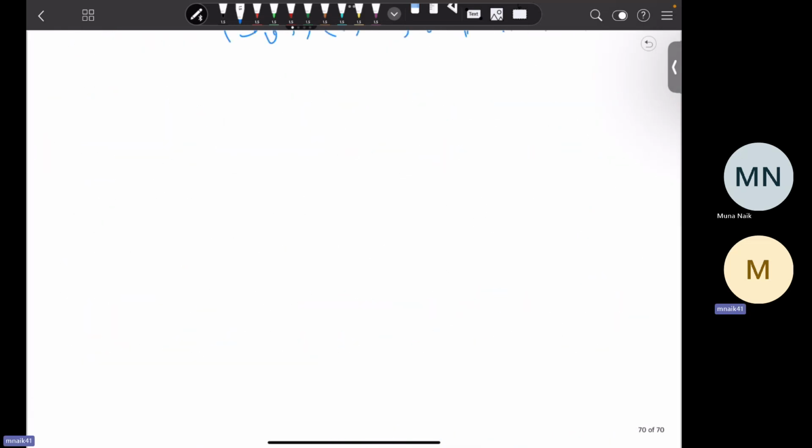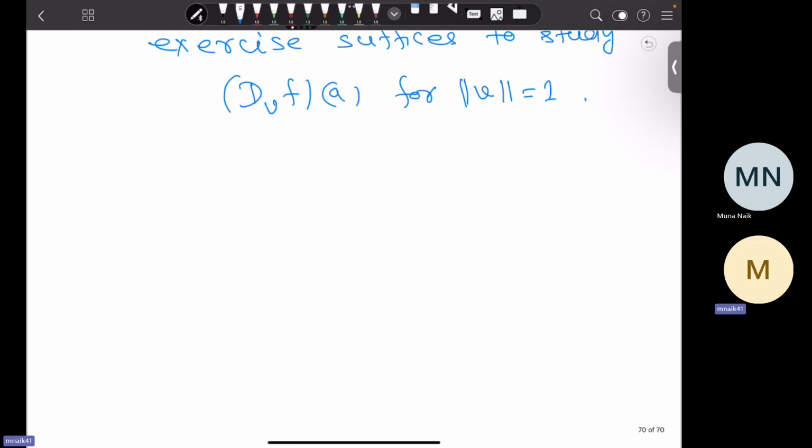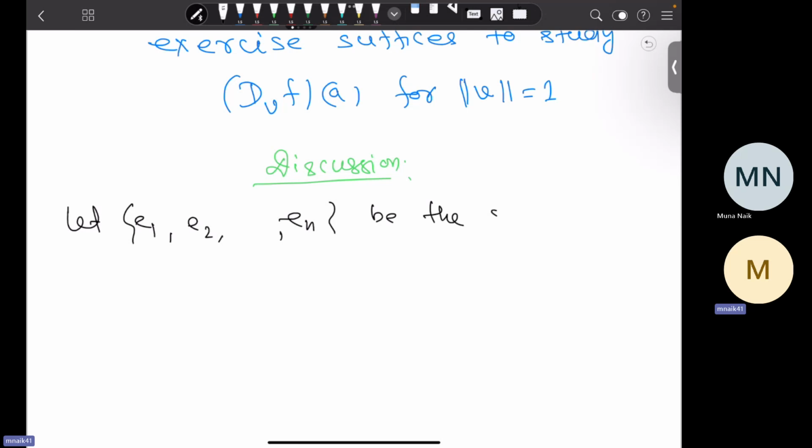Okay, so now, let us call this a little discussion. Let e1, e2, ..., en be the standard orthonormal basis of R^n.